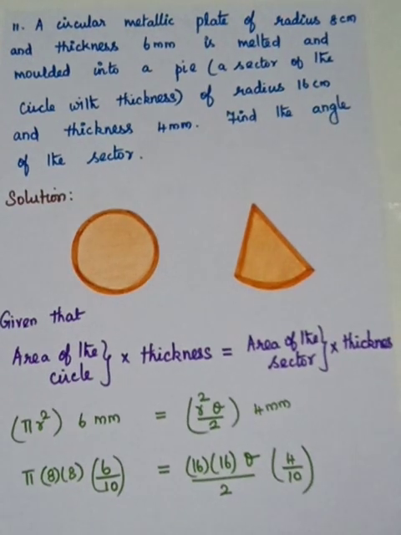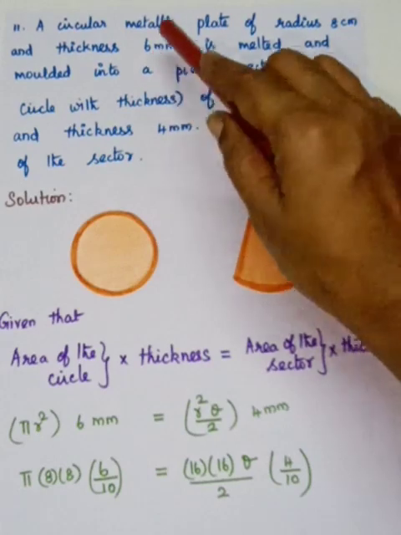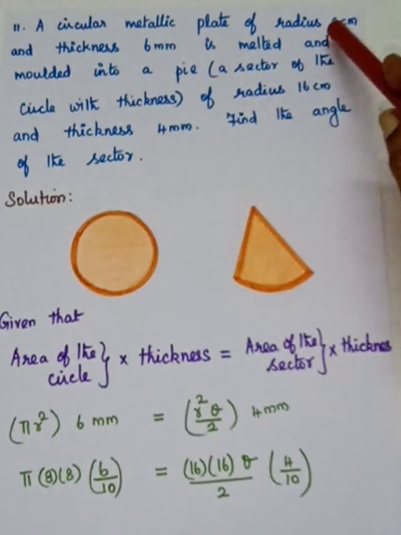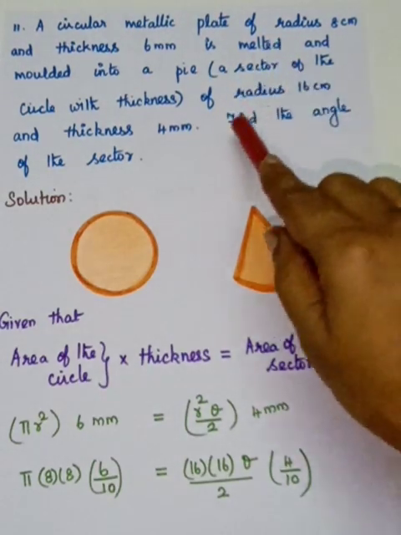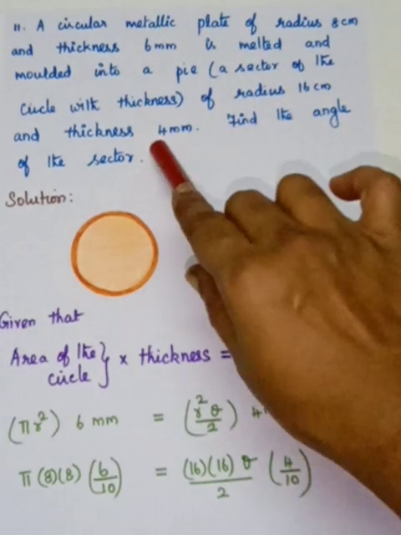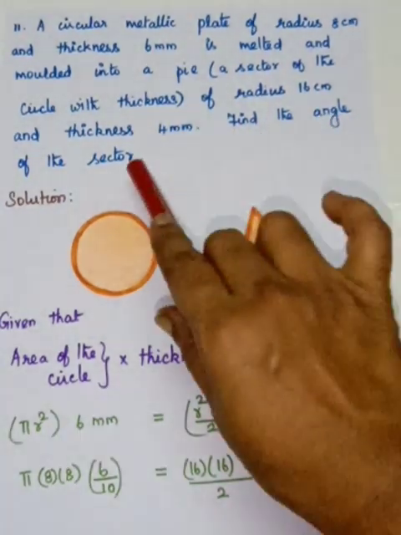Find the angle of the sector. See now, a circular plate whose radius is 8 centimeter and thickness is 6 millimeter. Here, not only radius, the thickness is also there. Okay, it is fully melted and molded into a sector. The sector also has the radius as well as the thickness. Find the angle of the sector.